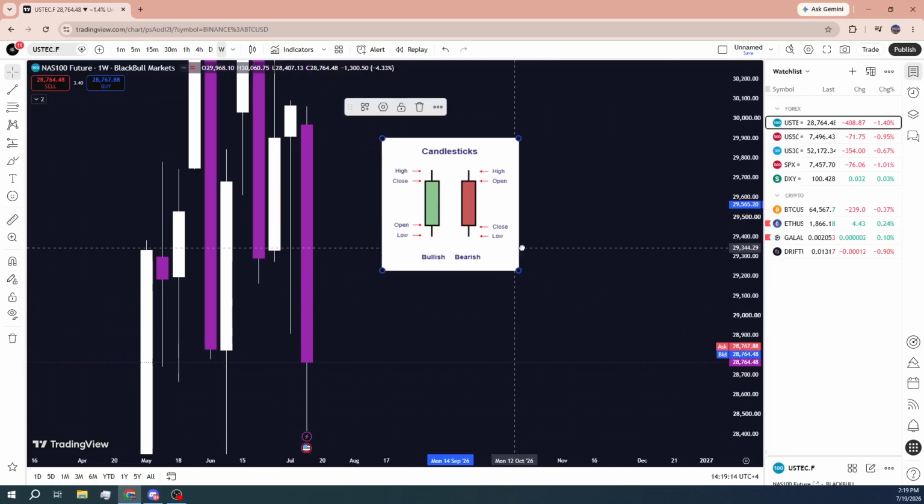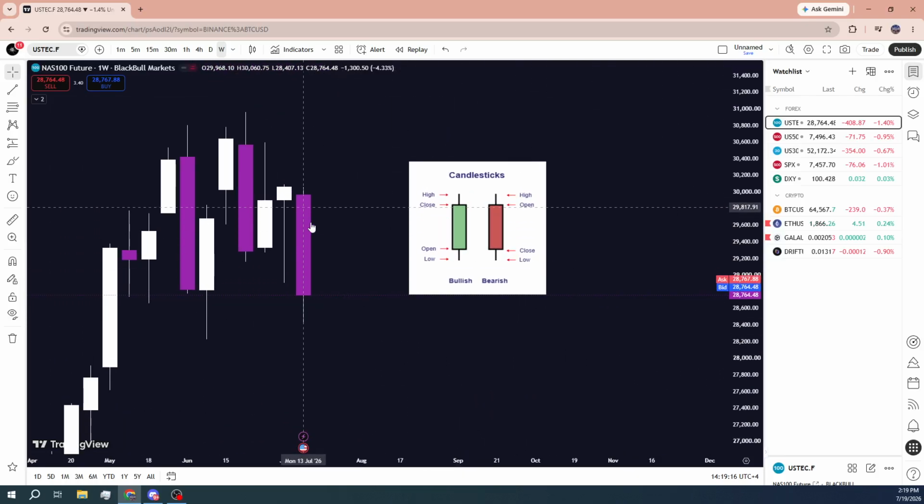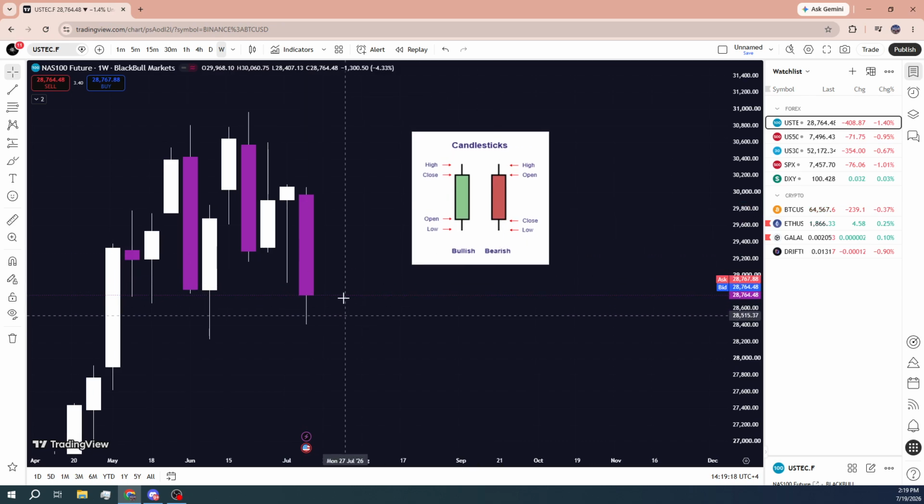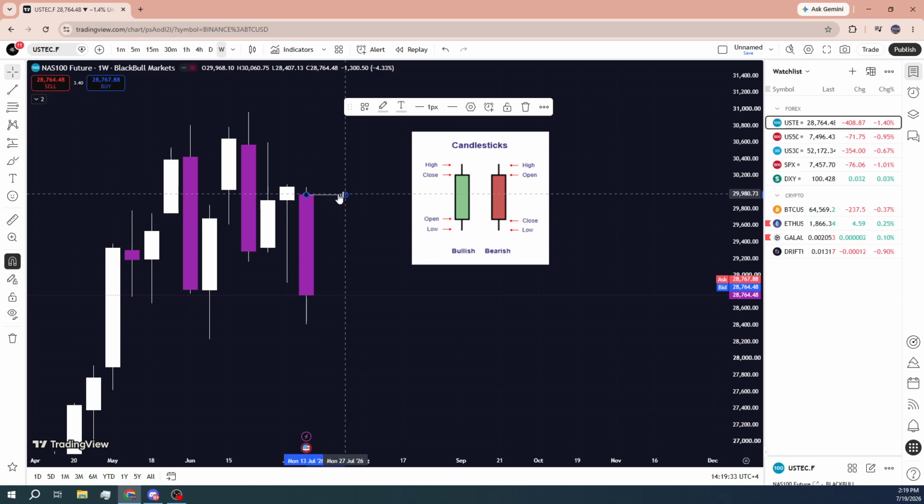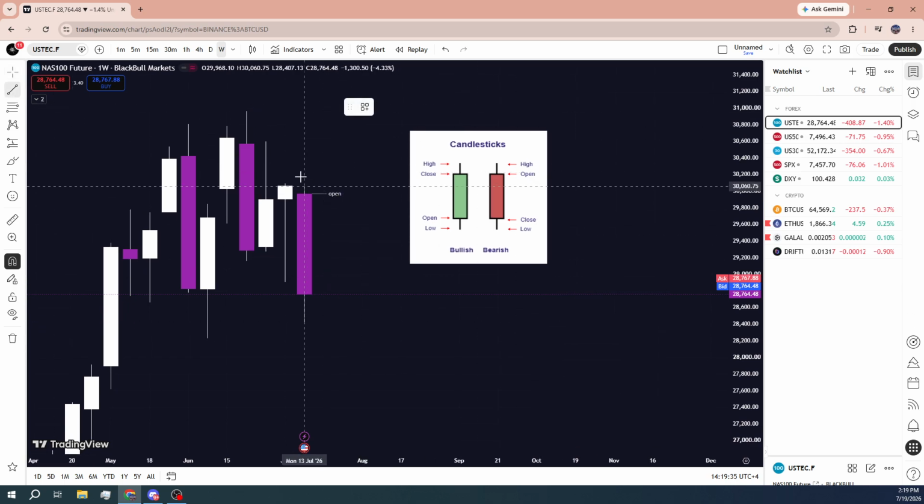You see this weekly time frame, this is what happened this week. You see this red candle this week. We are on weekly time frame. What does this candle show us? This candle gives us information that this week price was bearish, and price went downside. Why? Because price opened here. This is the open. Price went all the way here.